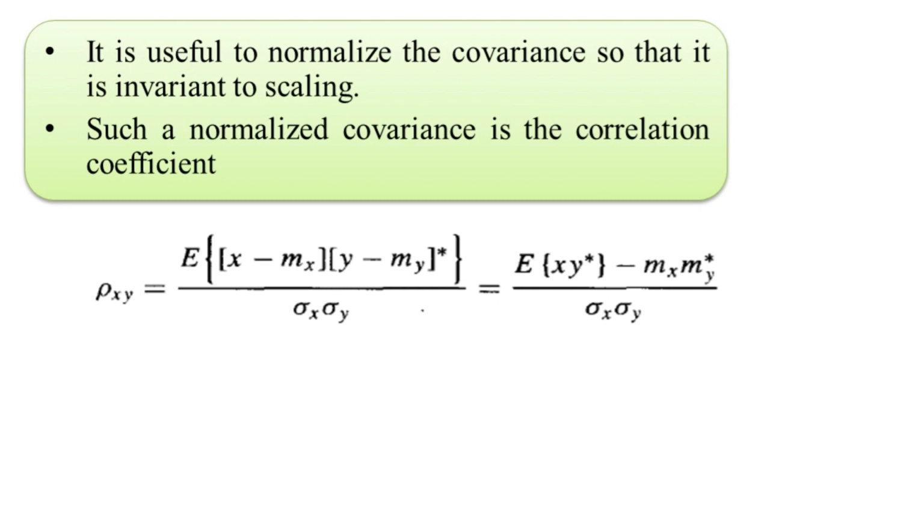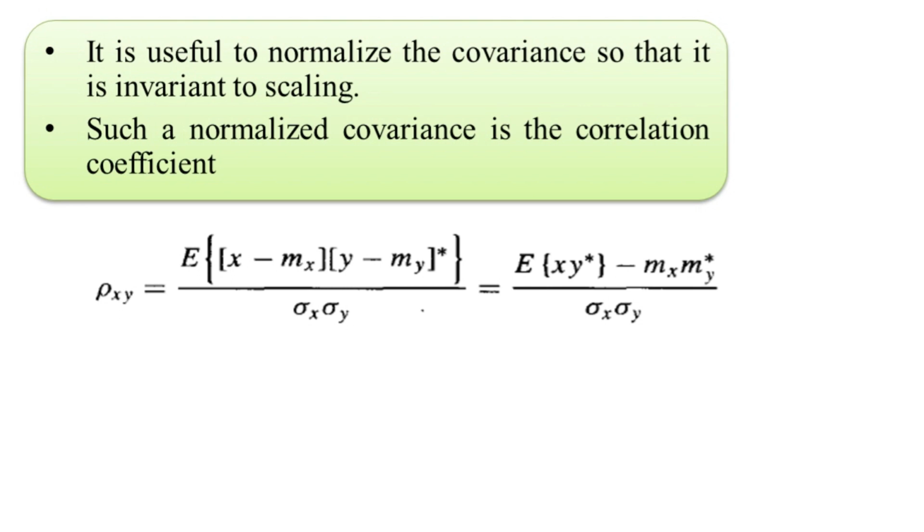As for the ensemble averages of a single random variable that we learnt in the second topic, sigma suffix x square is the variance, and its square root is the standard deviation. So these concepts are the same in this formulation.